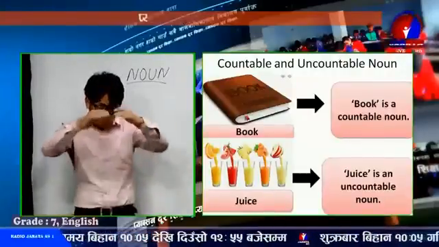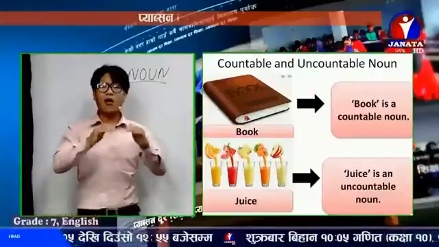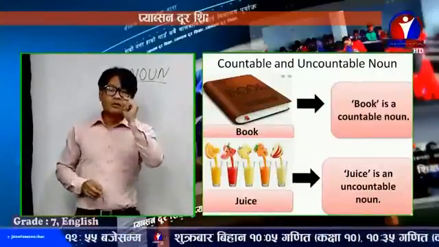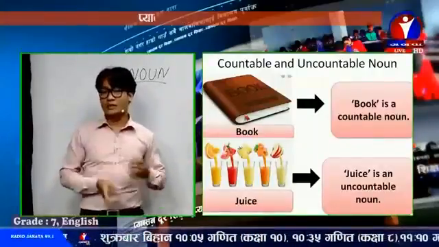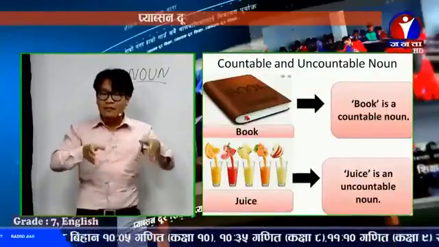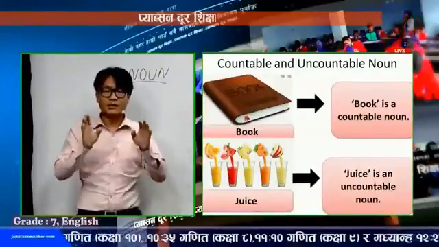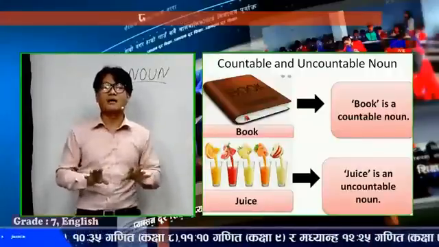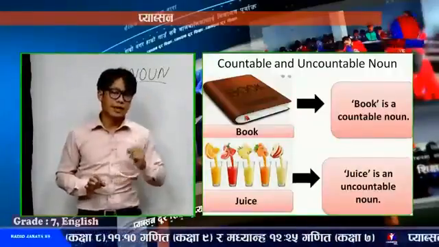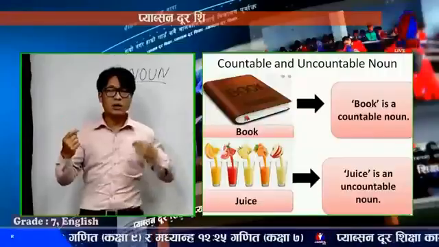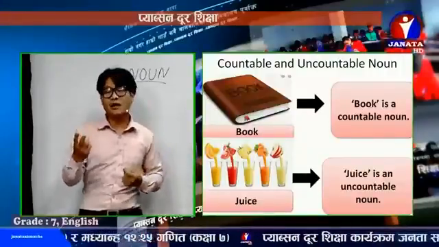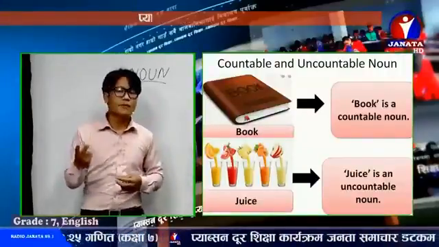Now let me brief countable and uncountable noun. The noun which can be counted in number, which can be separated, is a countable noun. Example: house, pen, pencil, book, copy.